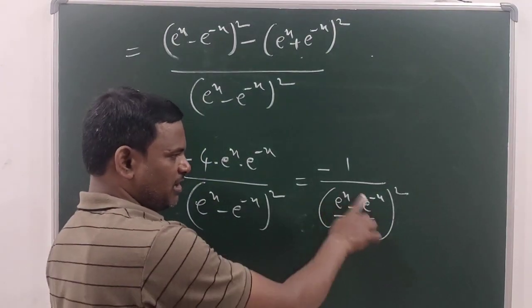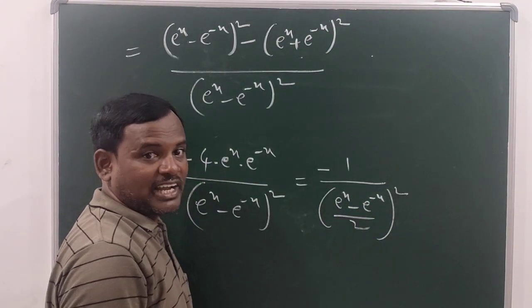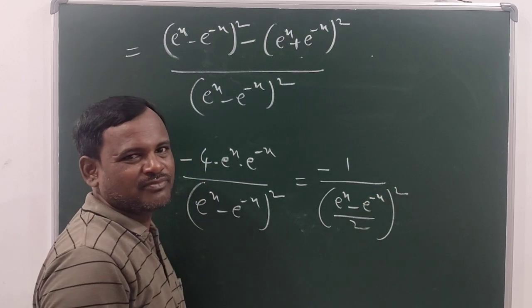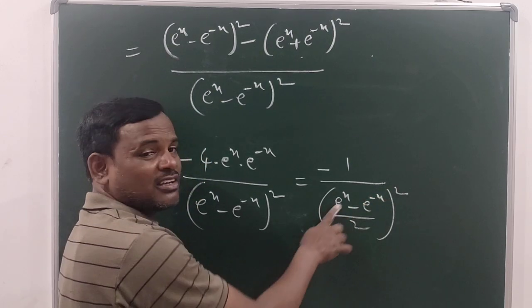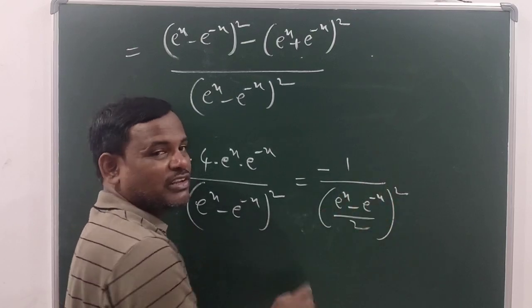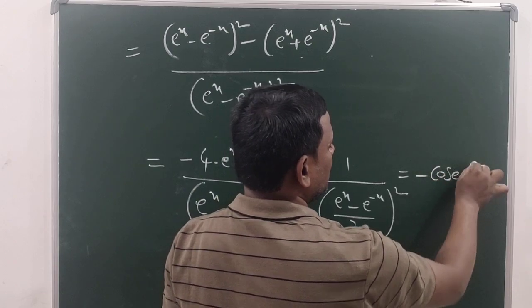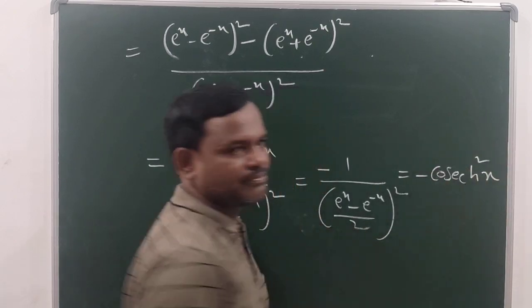So this is nothing but what? Sinh x. Am I right? Sinh x whole square. Okay, this is nothing but sinh x. Sinh x whole square is there. When it goes to the numerator, minus cosech square x you will get.